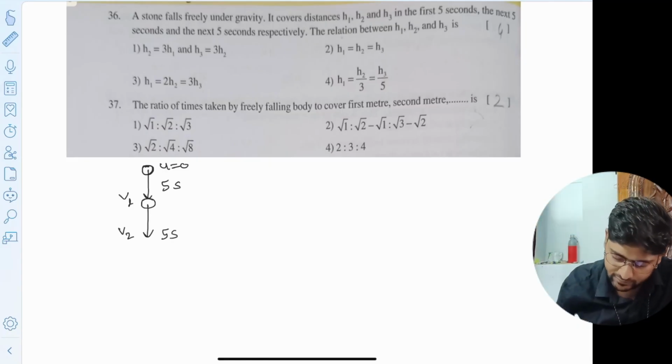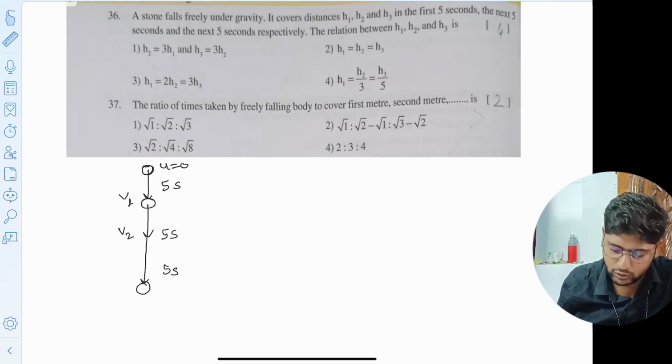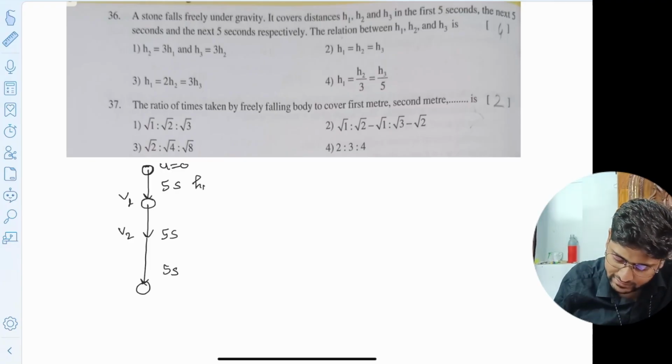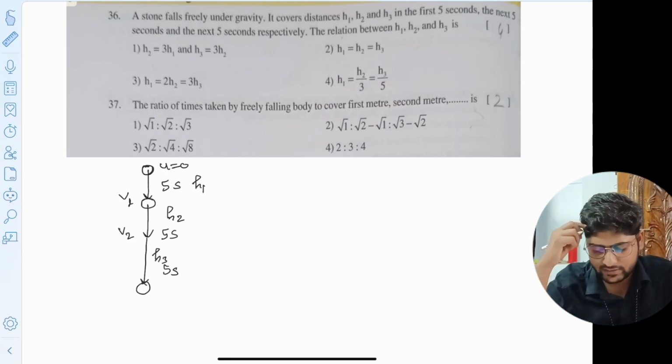Continuously in gravity, it again falls 5 seconds. Okay, this initial height is h1. This second height is h2, and the third height is h3.